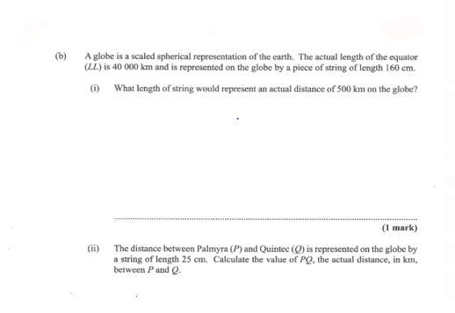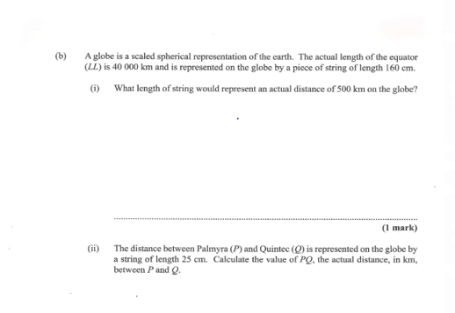The actual length of the equator is 40,000 kilometers, and it is represented on the globe by a piece of string of length 160 centimeters. What length of string would represent an actual distance of 500 kilometers?